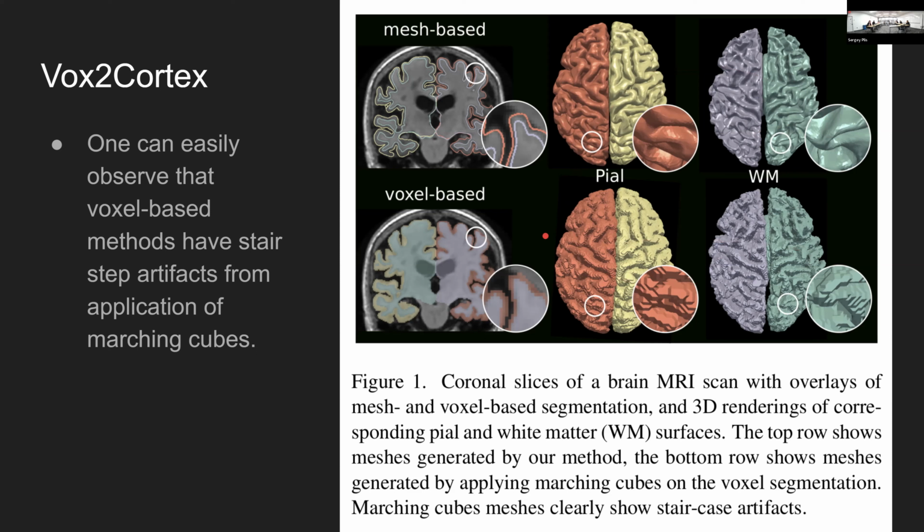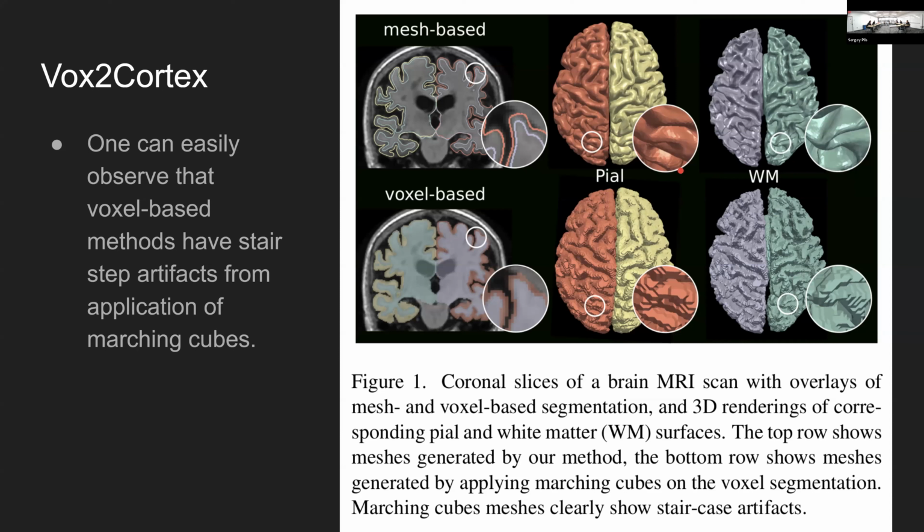So like the Deep CSR method and FreeSurfer and some other methods, they all require this marching cubes, which creates these artifacts, like stair steps or staircases. And while Deep CSR can get arbitrarily high resolutions and make this less of a problem, it still seems to be a little bit of a problem, and it's interesting that there's an alternative that doesn't result in these.